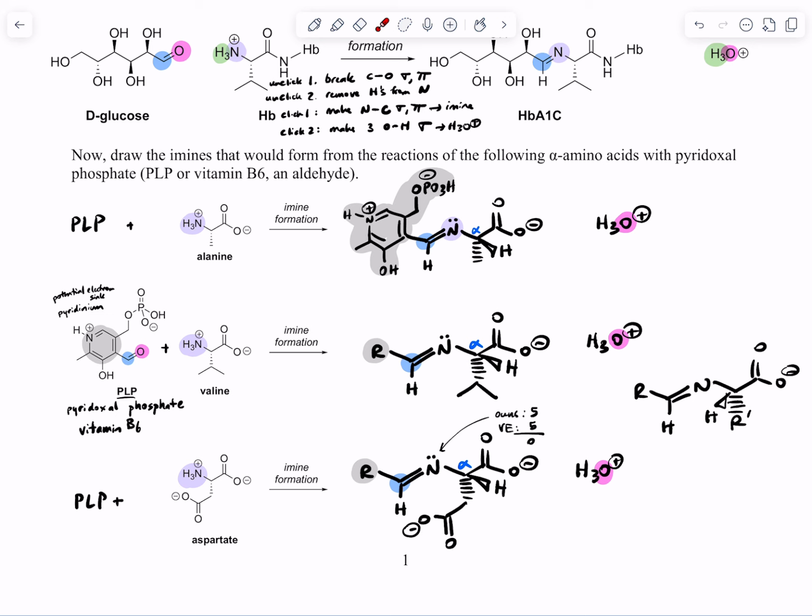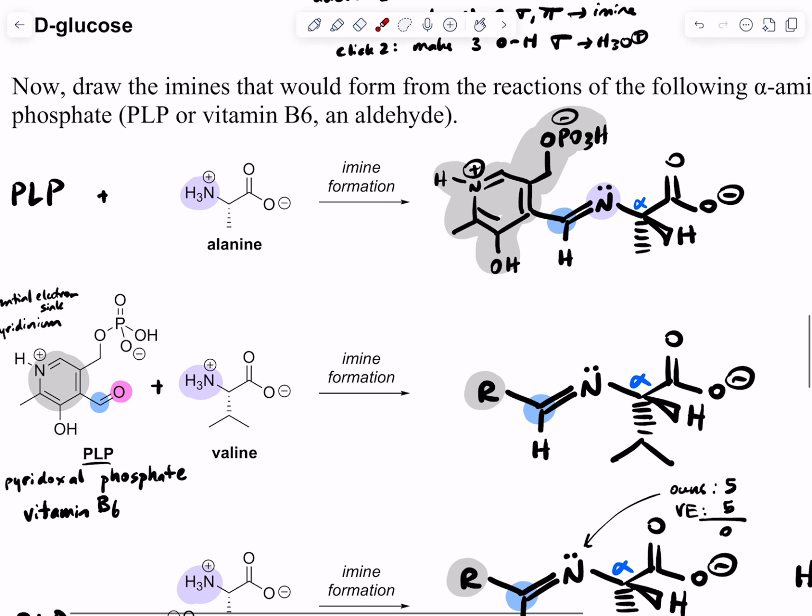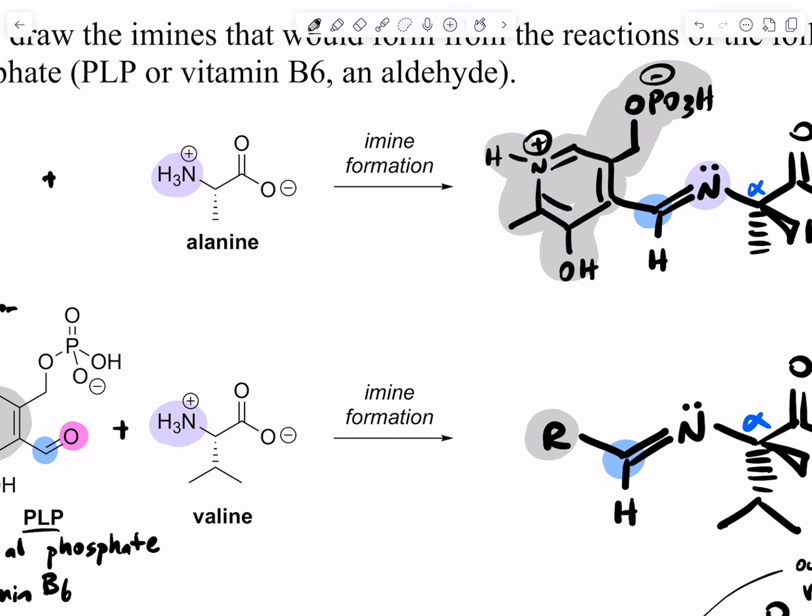Okay, so that's step 1. This is catalyzed by an enzyme called aminotransferase for each of these, and there's a separate aminotransferase for many of the amino acids. For example, alanine is called alanine aminotransferase, unsurprisingly.